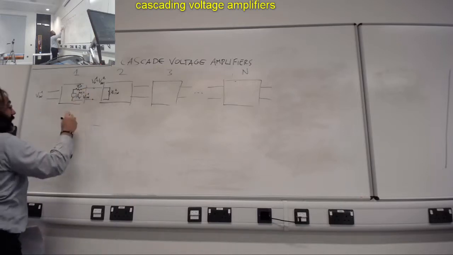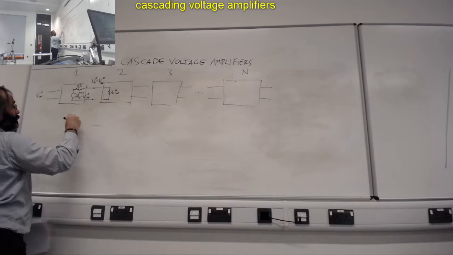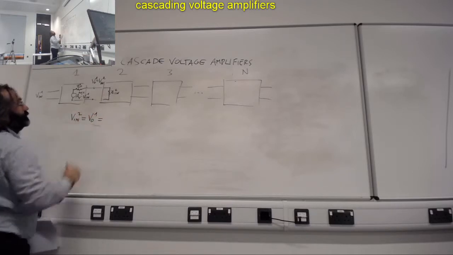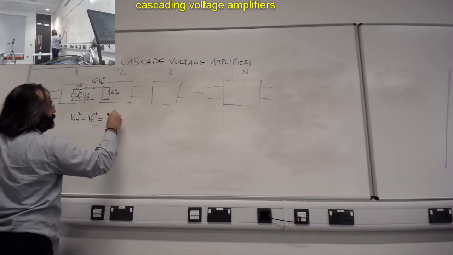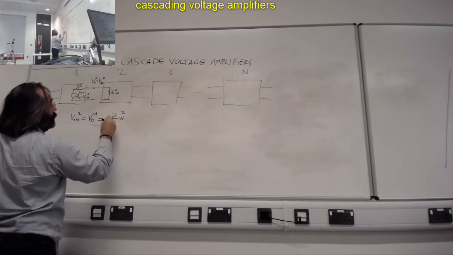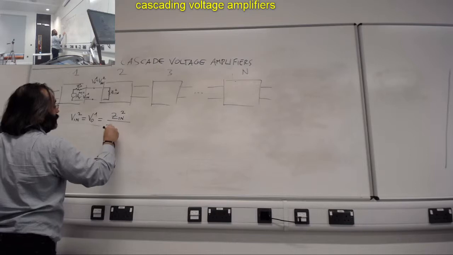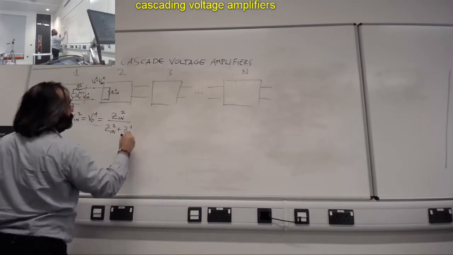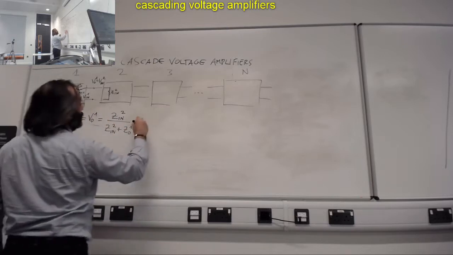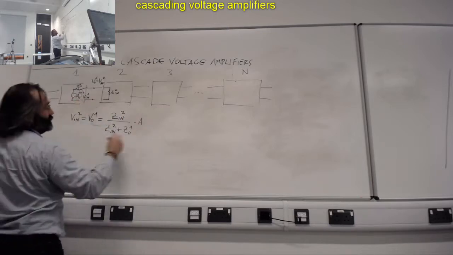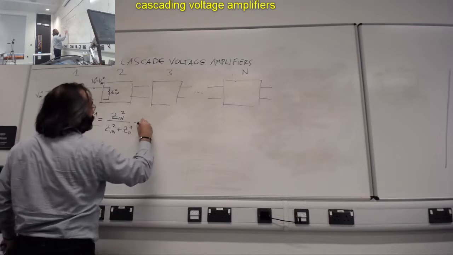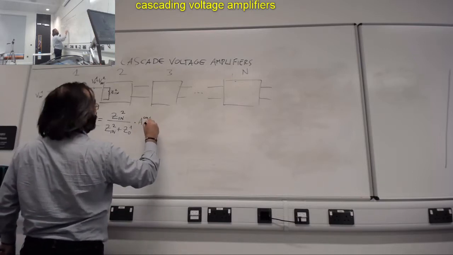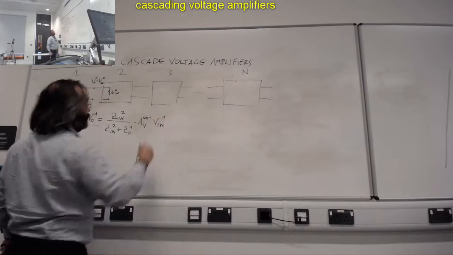So really, V in 2, which is also, remember, equal to V output 1, is Z in 2 over Z in 2 plus Z output 1 times the amplification, the voltage here, which was AV infinite of the first stage times V in 1.